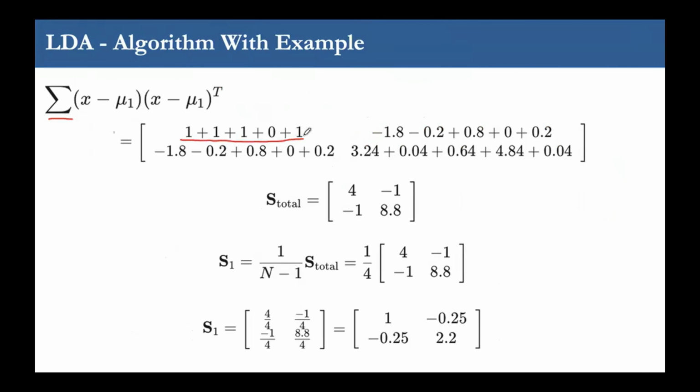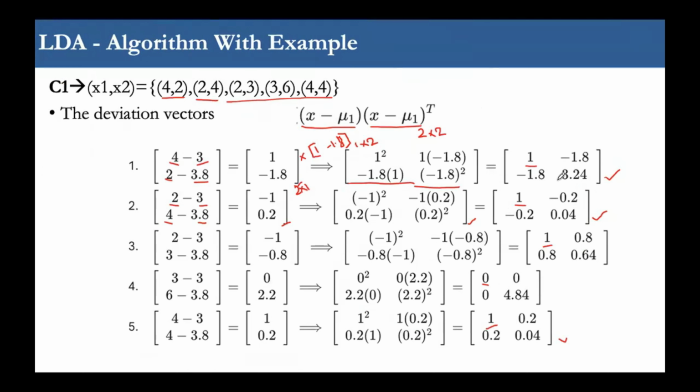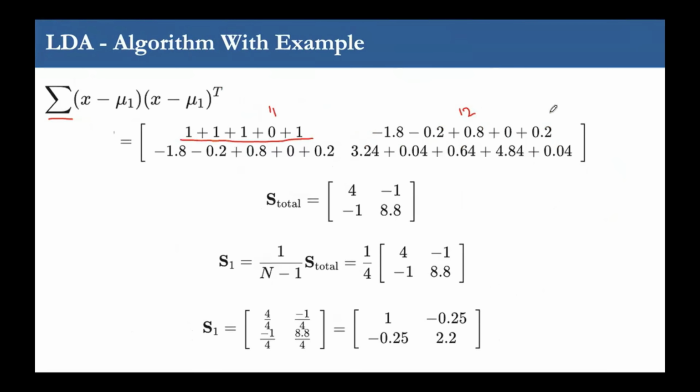Then in the 1, 2 position, whatever values we have, we need to add up: minus 1.8, minus 0.2, 0.8 plus 0 plus 0.2. So we will get this one. Similarly, you do it for the 2, 1 and 2, 2 positions, and you will get this answer.